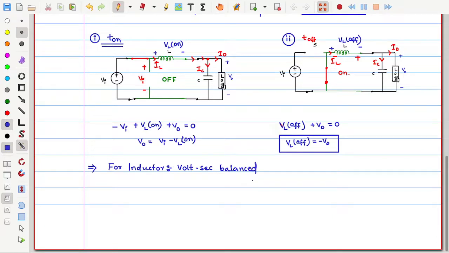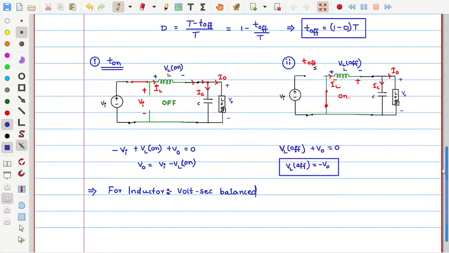I'll show what volt second means. Let me assume that during the on time, the inductor is charging. During the off time, the inductor is supplying the energy which was stored in the on position. That means the energy stored in the inductor must be supplied to the load during the off time. So you can see that the inductor will neither generate nor destroy energy.